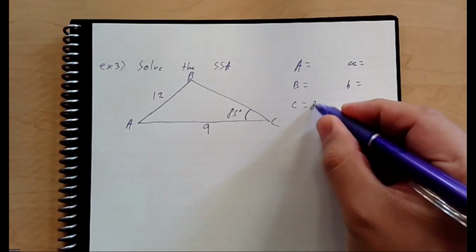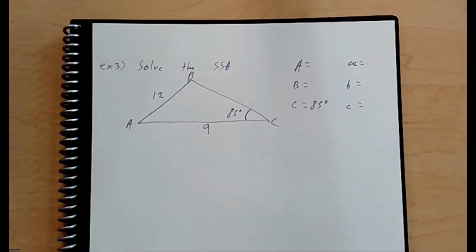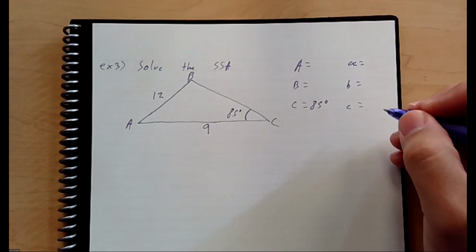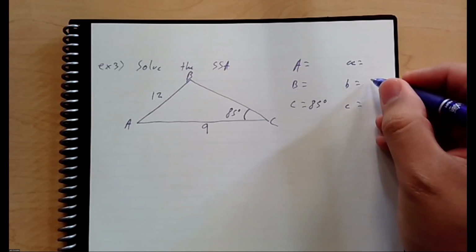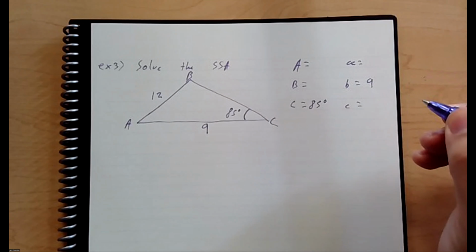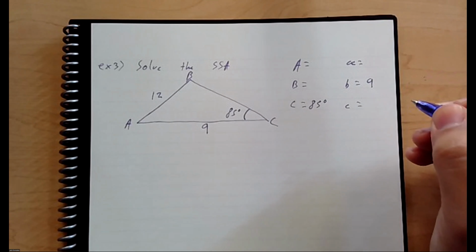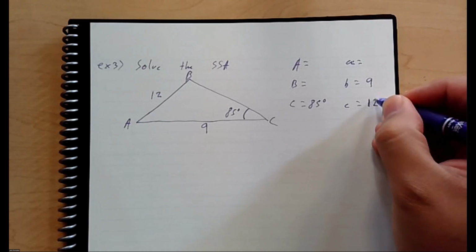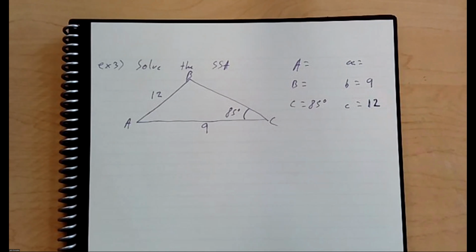So we're given the angle 85 for C. What is side b, little b? It's going to be 9, and little c, 12. We have no other angles, right? So that means we have that scenario.